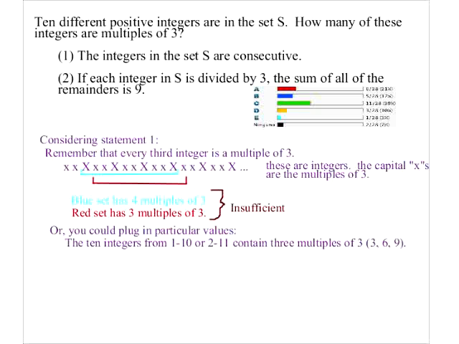The 10 integers from 3 to 12 contain 4 multiples of 3, which are 3, 6, 9, and also 12. So that's insufficient.